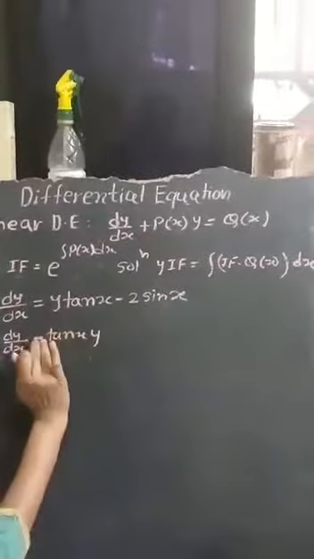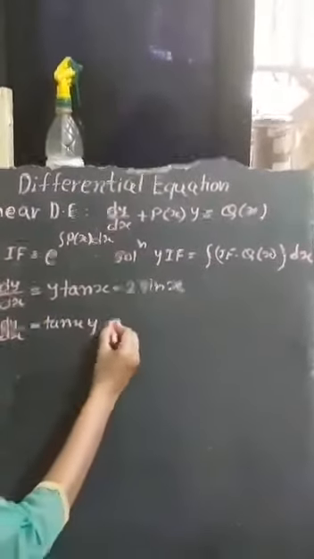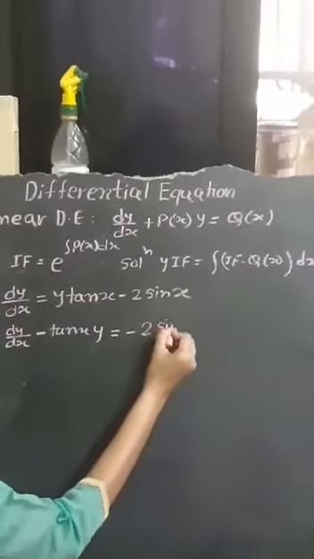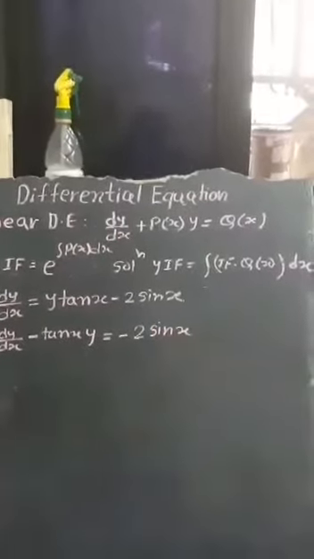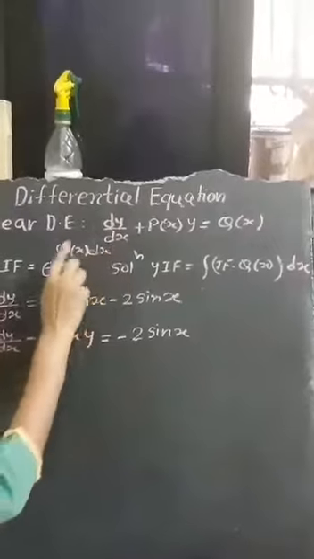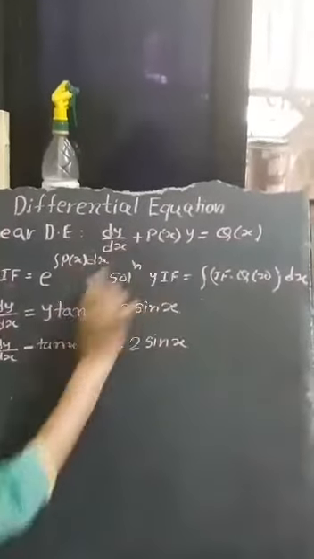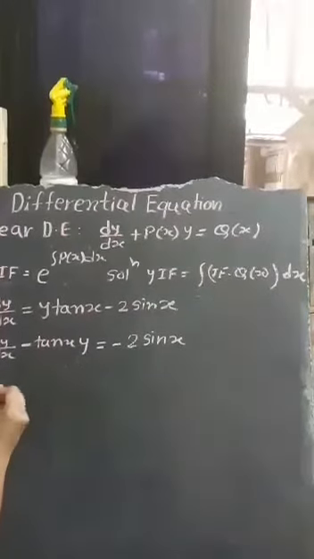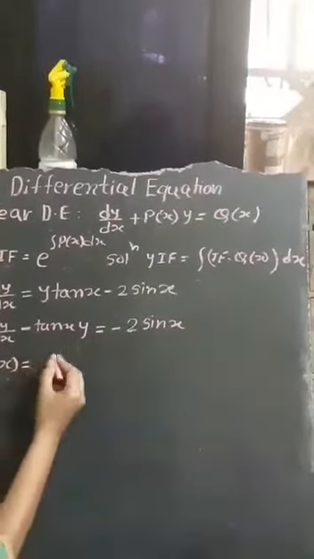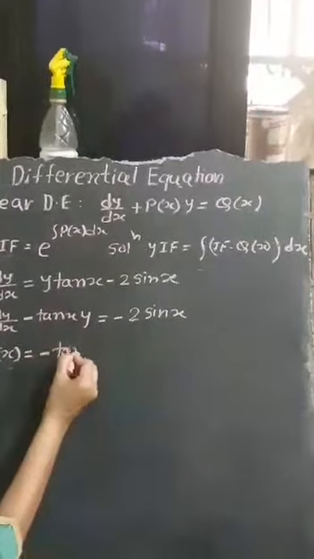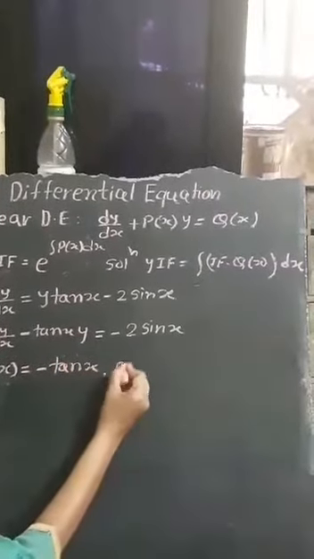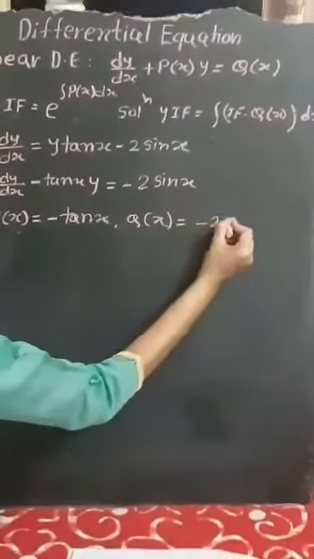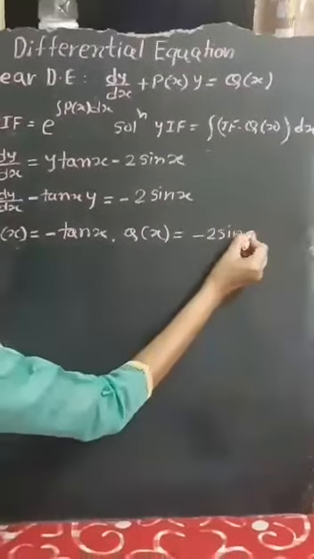So it will be minus tan x into y and equal to minus 2 sin x. So now can you compare it with linear differential equation? Yes, you can compare. Comparing, I'll get P(x) is equal to minus tan x and Q(x) is equal to minus 2 sin x.